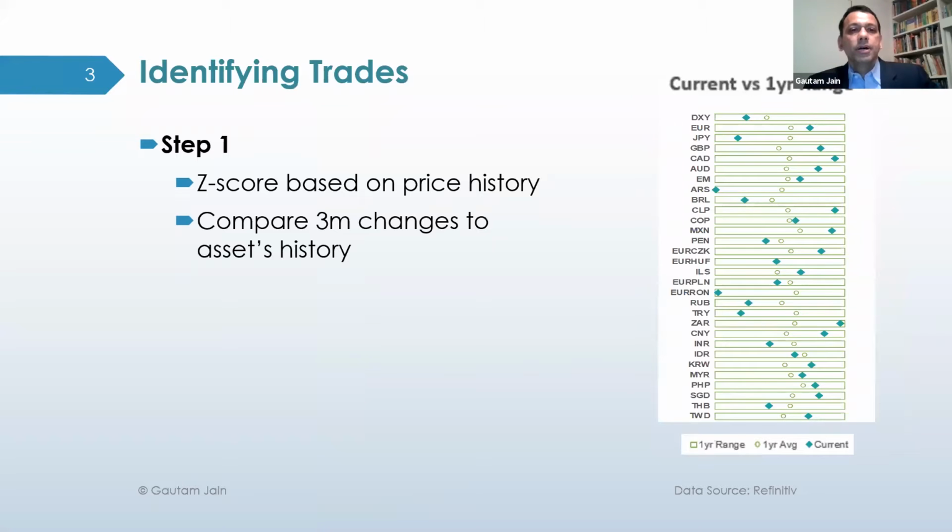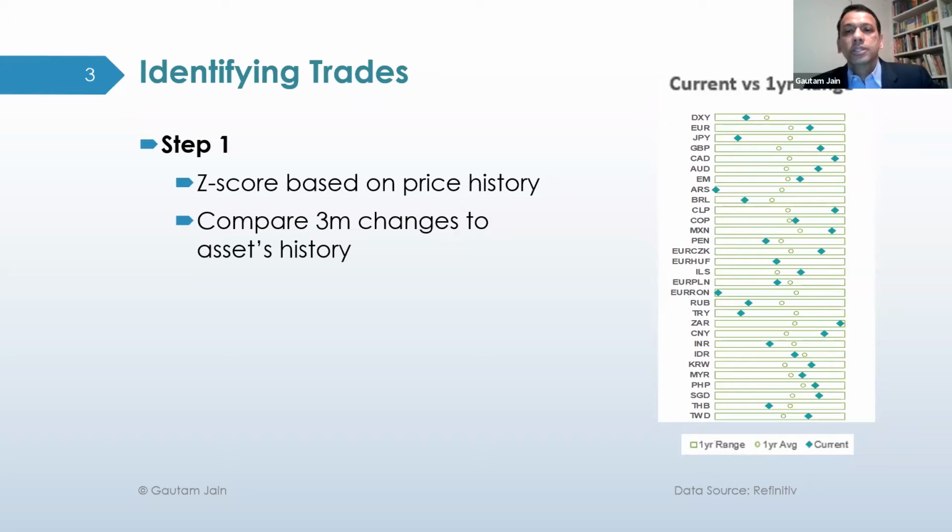So as a first step, I use the monitors that I mentioned before to identify any dislocation in either of the two markets that I track. What I mean by that is I look at the price history of an asset, whether it's a currency or rate, to judge how it's performed relative to its own price history.